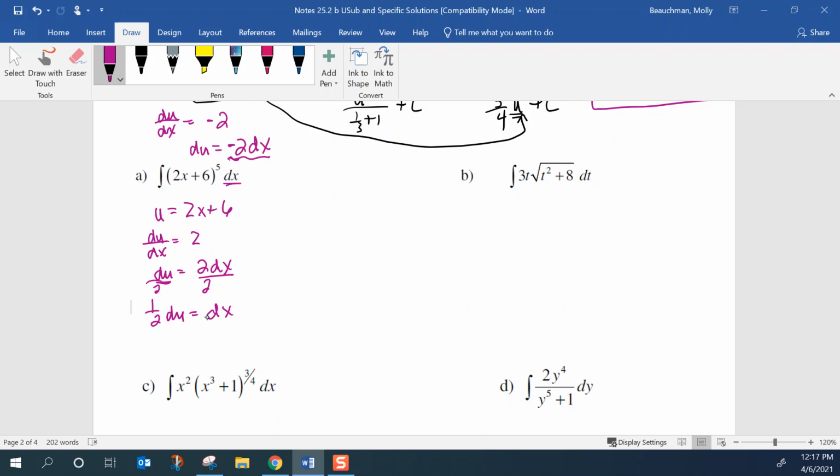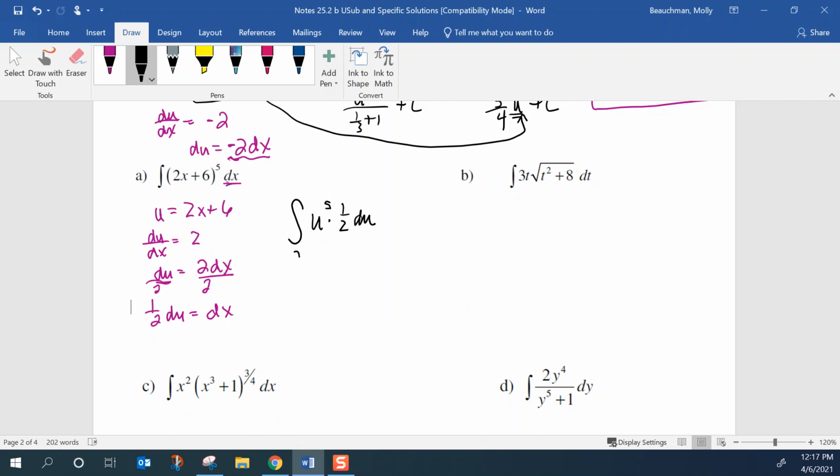So now I have exactly dx as an expression of du, and I can substitute that in. So in the substitution, the integral of (2x + 6)^5 is now u^5 times dx. dx is equal to 1/2 du.